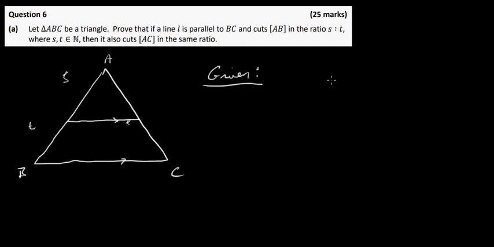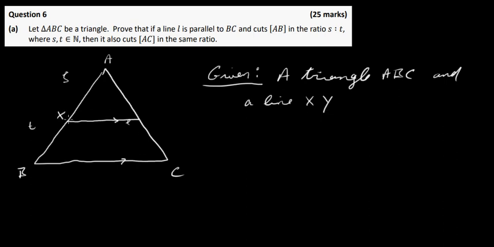We're given a triangle ABC and a line. The line is XY. So this is X here, and this is Y here.